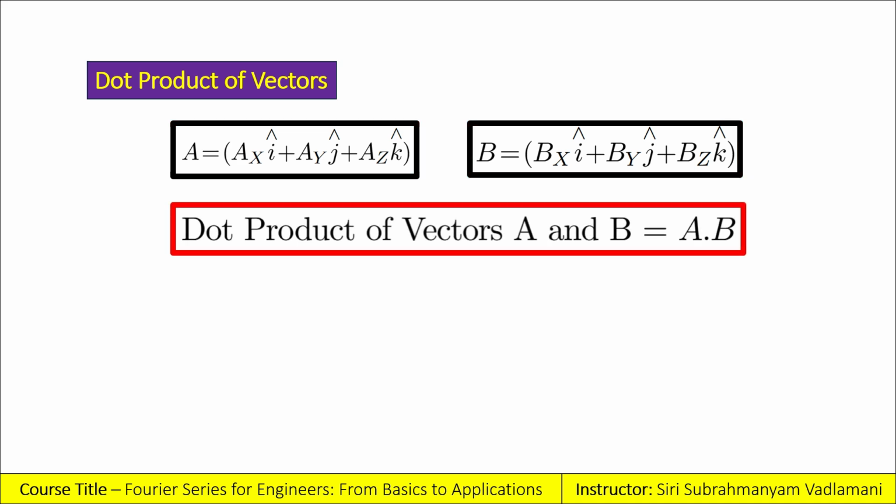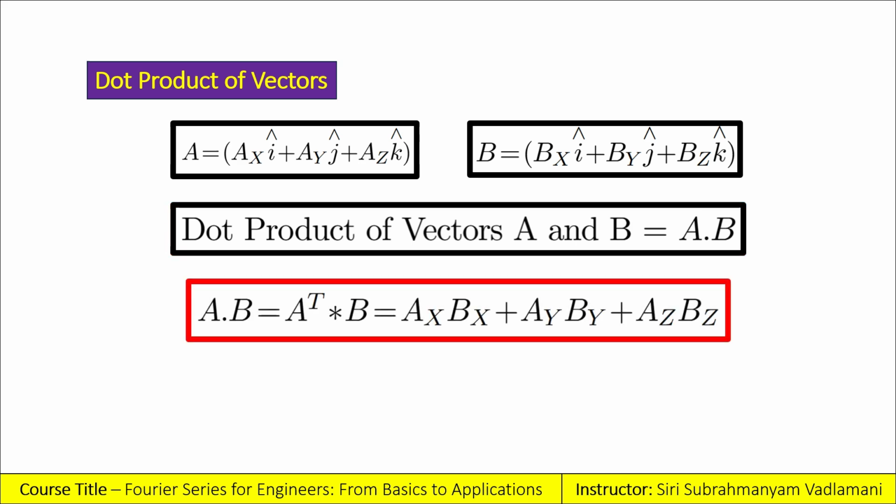The dot product is an operation defined between two vectors and is represented with a small dot between them as A dot B. Formally, the dot product of vectors A and B is defined as the transpose of the vector A multiplied by the vector B, which finally simplifies to ax bx plus ay by plus az bz.